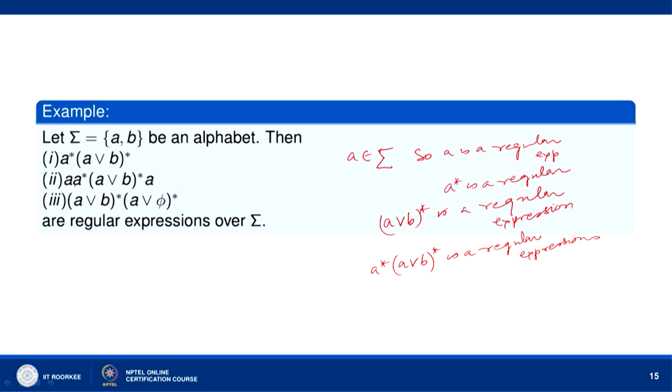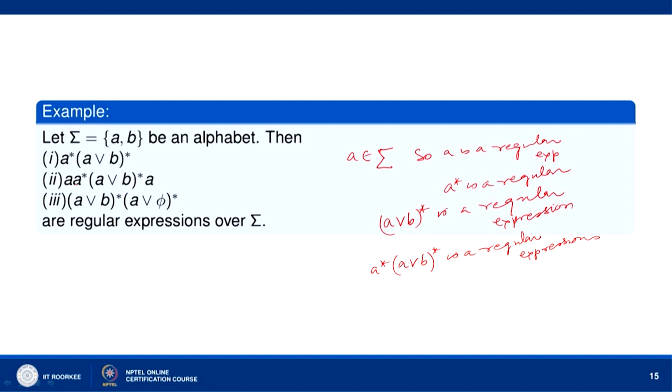Now, a belongs to sigma. So, a is a regular expression, and therefore, a star is a regular expression, and here we have a or b. So, a and b are regular expressions. So, a or b is a regular expression, and therefore, (a or b) star is a regular expression.